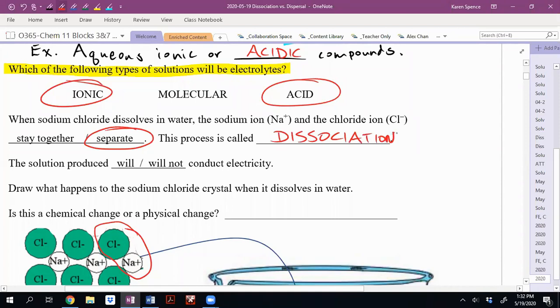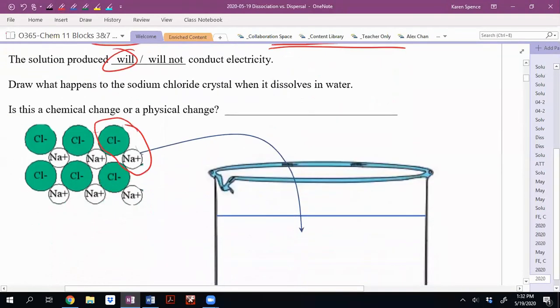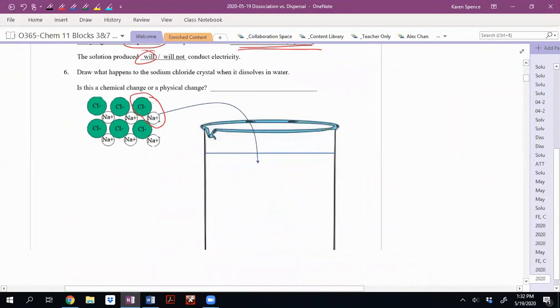All right, and the solution that is produced by the dissociation of those ions, will that solution conduct electricity or not conduct electricity? Yes, it will. Okay, and we're going to draw what happens to the sodium chloride crystal when it dissolves in water.